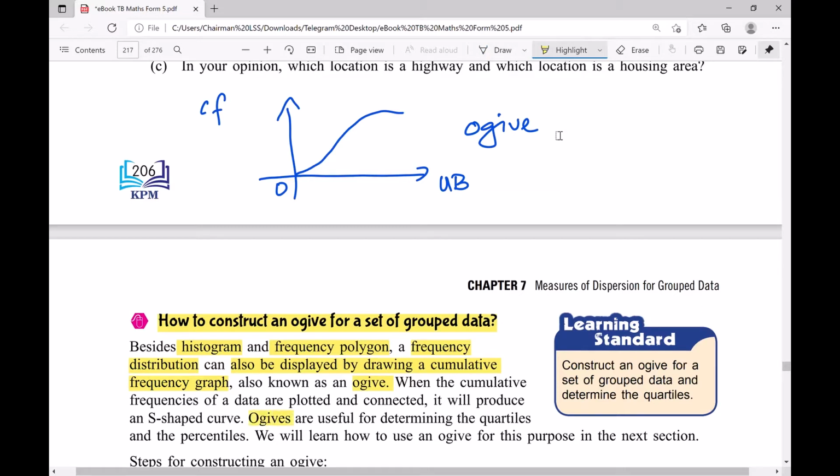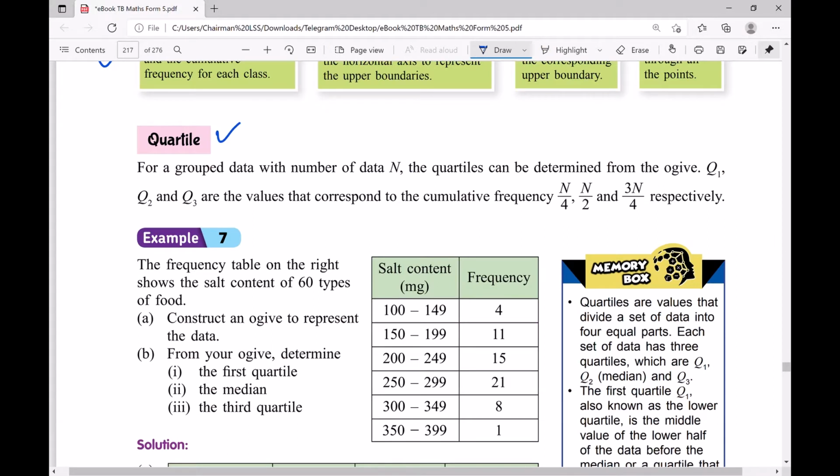Ogives are very useful for determining the quartiles and percentiles, and we will learn that today also. You have to refresh about quartiles. Remember, we learned quartiles in Form 4 for ungrouped data, but this time it is for grouped data. The quartiles can be determined from the Ogive.